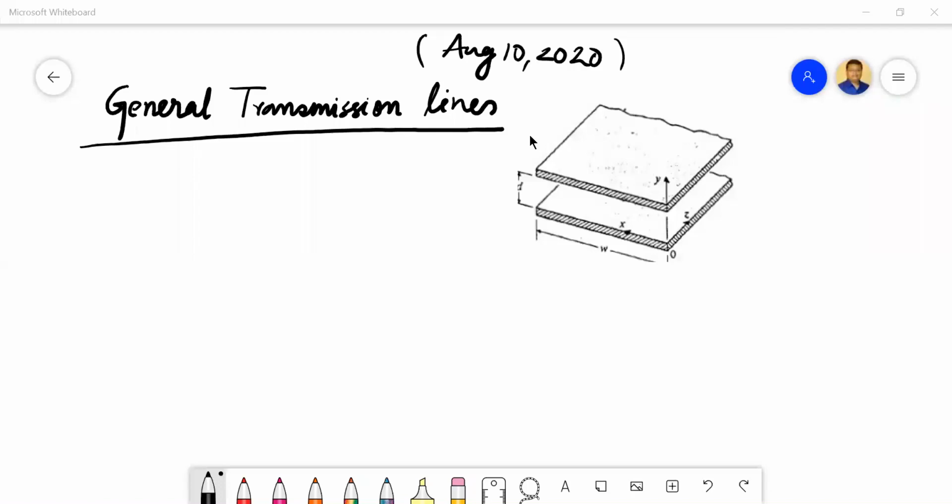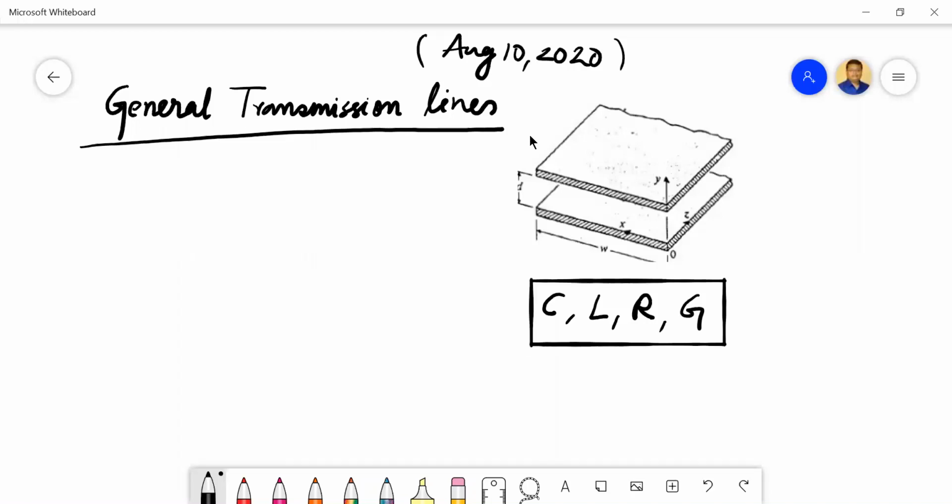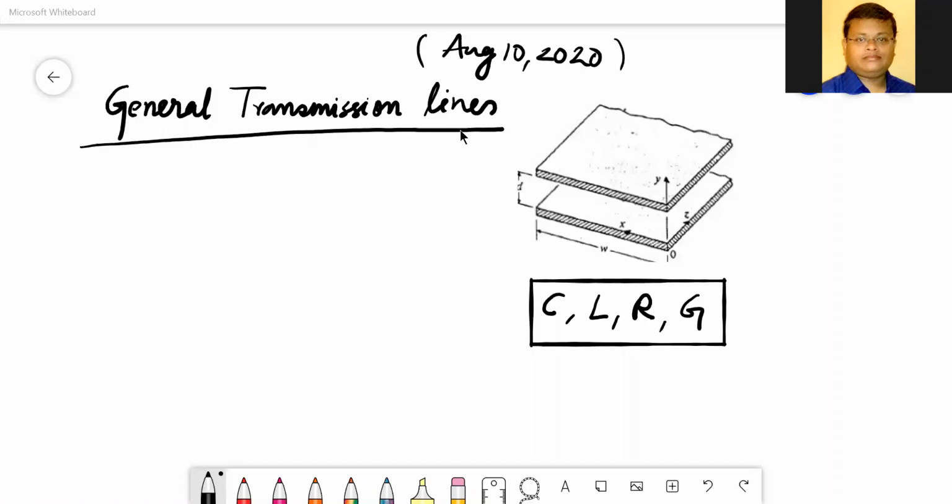So we fixed in the last class the C, L, R, and G. So the expressions for C, L, R, and G, we derived in our last class for the parallel plate transmission line system. Correct?